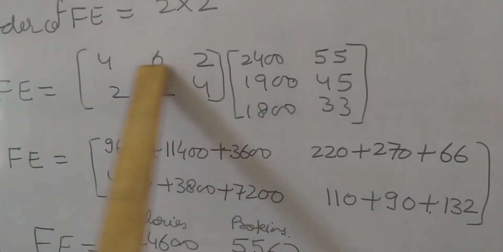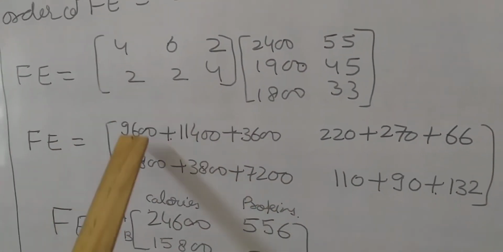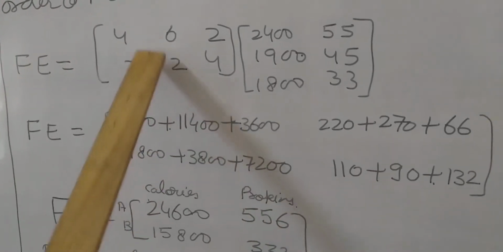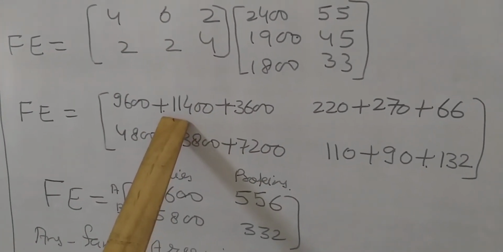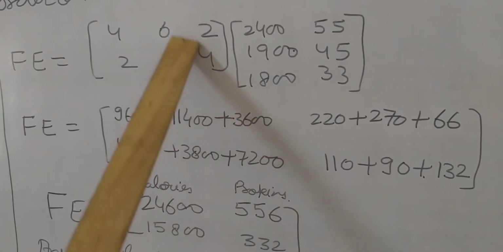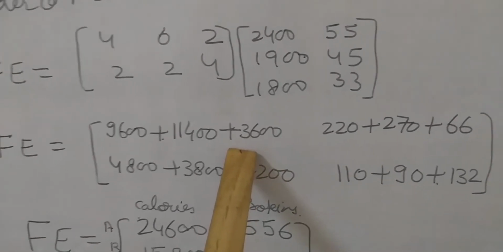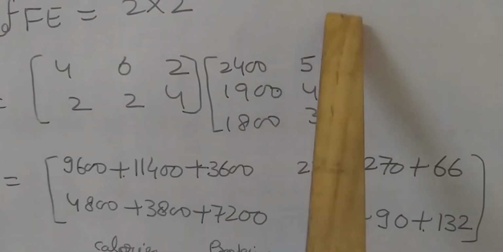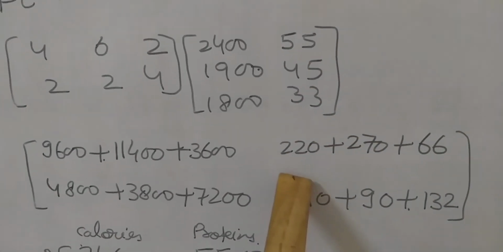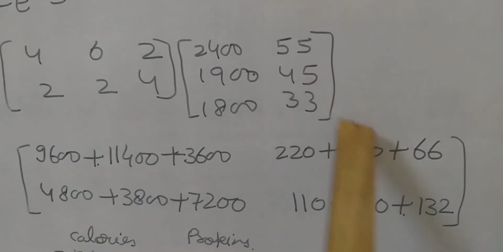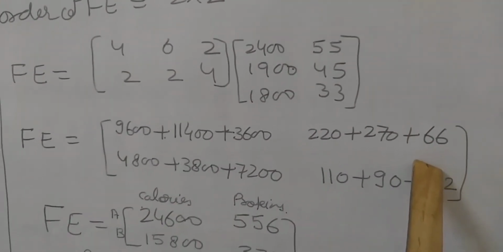So student, first row multiplied by first column, 2400 times 4 is 9600. 6 times 1900 is 11,400. 2 multiplied by 1800, 3600 student. Now first row second column, 4 multiplied by 55, 220, 6 multiplied by 45, 270, 2 multiplied by 33, 66.